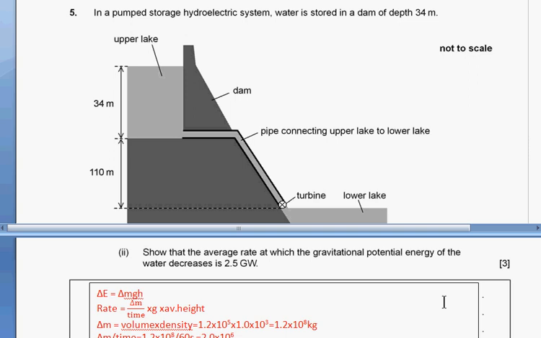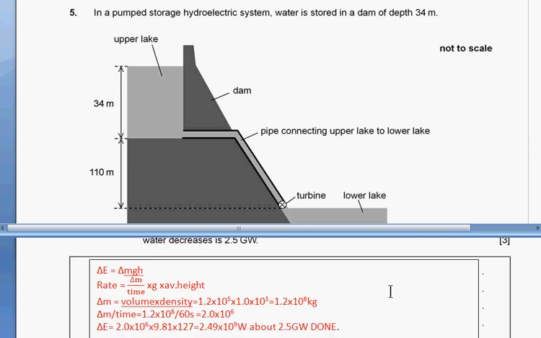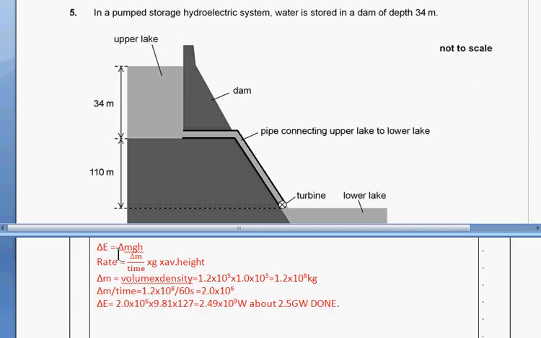Show that the average rate at which the gravitational potential energy of the water decreases is 2.5 gigawatt. Change of energy will be change of mass multiplied by gh. So water flows away. We assume that height doesn't change dramatically, but mass changes dramatically.